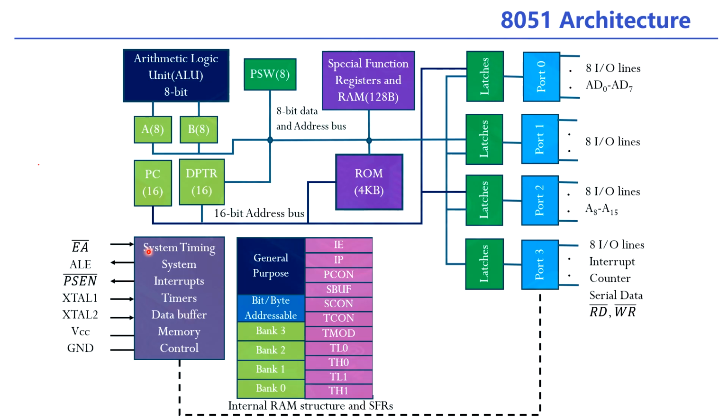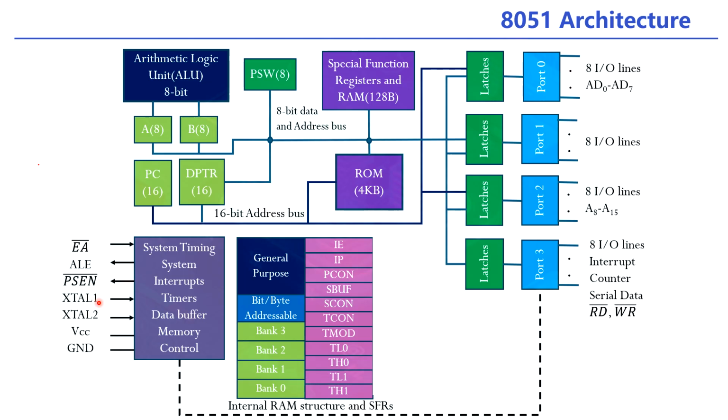Coming to the system timing and control unit, memory control unit. First, the 8051 microcontroller requires a 5 volt supply, where through VCC you can give the 5 volt DC, and for ground you need to provide 0 volts. These two are power supply pins.